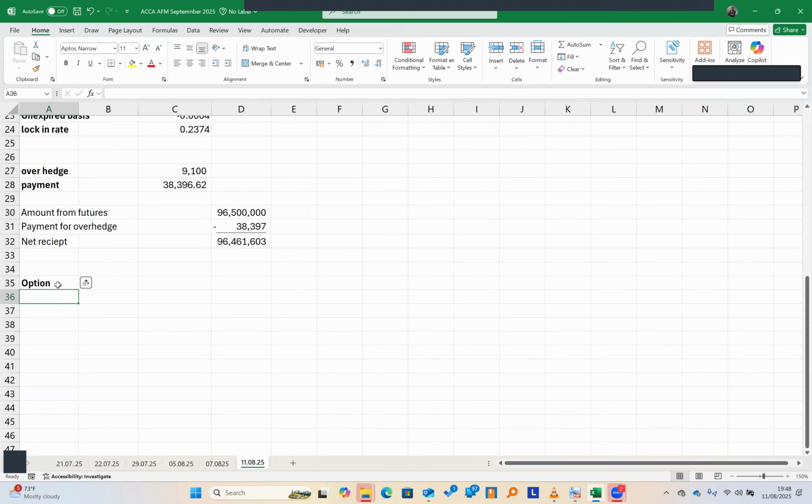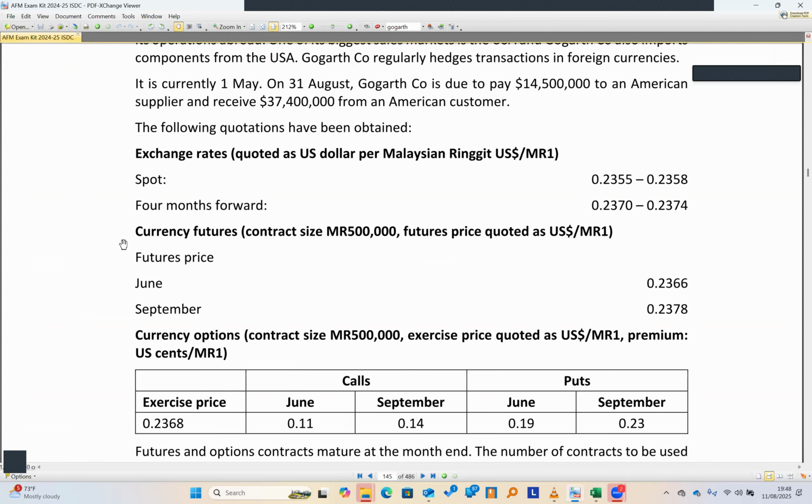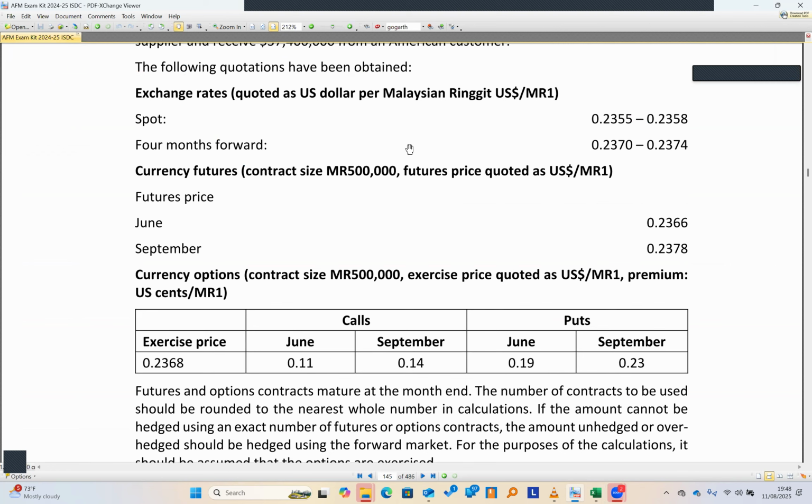But if they are not, you should be able to not exercise. And therefore, because of that, it comes with a premium. But now we need to understand, are we going to have calls or puts?